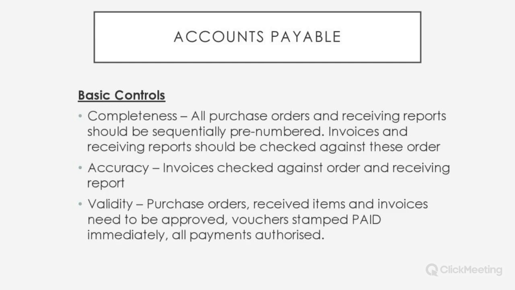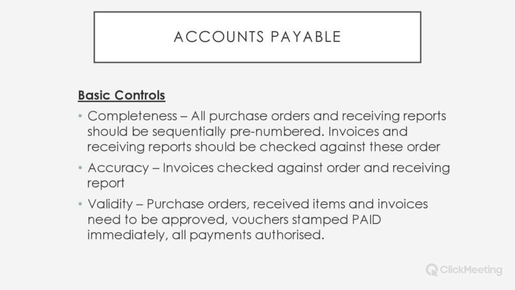Basic controls for completeness in the accounts payable section are that all purchase orders and receiving reports should be sequentially numbered. Invoices and receiving reports should be checked against these orders to help check the completeness of those transactions. For accuracy, invoices should be checked against the order and receiving report. For validity, purchase orders, received items, and invoices need to be approved.